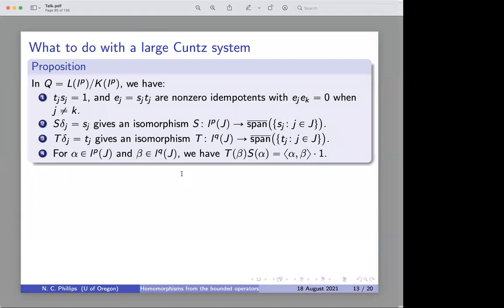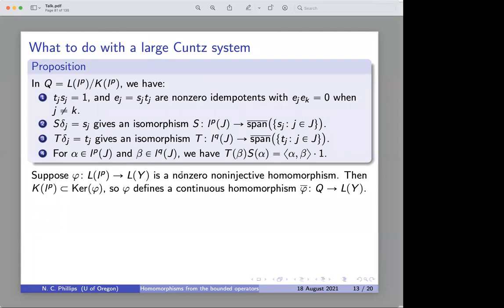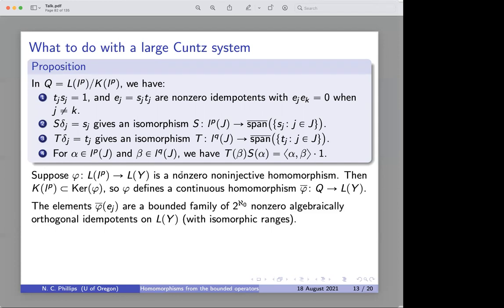Okay, so what to do with this Cuntz system? Well, here's the proposition again in somewhat condensed form. Now suppose that I have a non-zero, non-injective homomorphism from bounded operators on LP to bounded operators on some other Banach space Y. Then, because K of LP is the only non-trivial ideal, phi descends to a continuous homomorphism phi bar from this Calkin algebra to bounded operators on Y. And so now I have the elements phi bar of EJ.